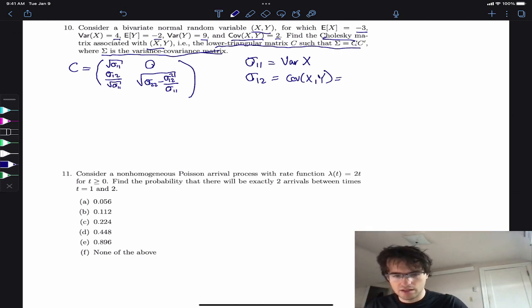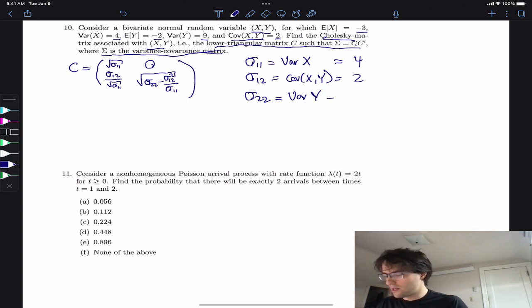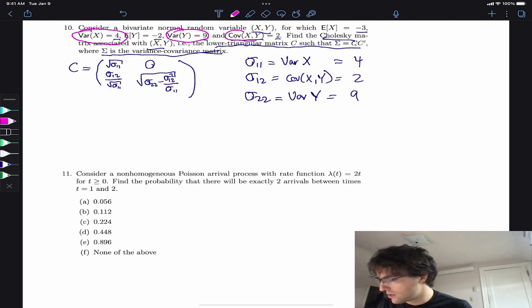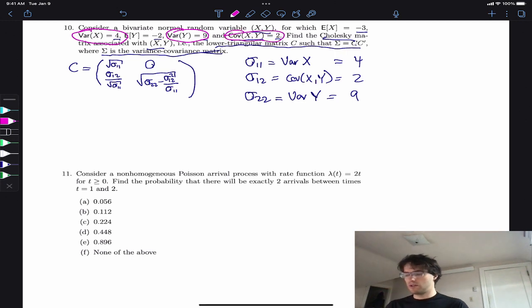So the variance of X is 4, the covariance is 2, and sigma 2,2 is the variance of Y, which is 9. These are all coming from up here: variance of X is 4, variance of Y is 9, and covariance of X, Y is 2.